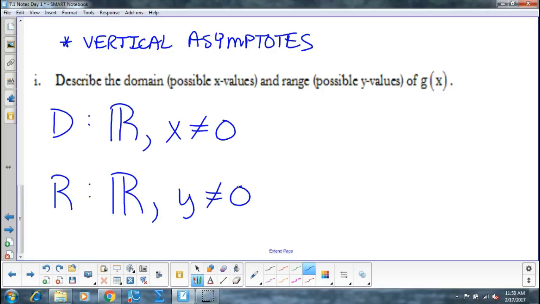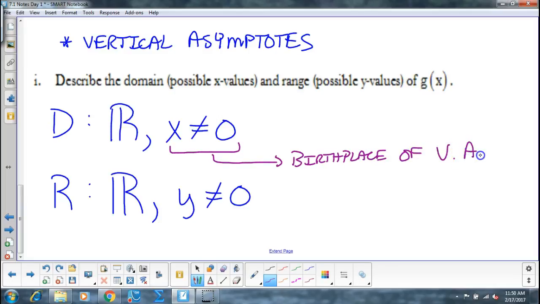The restrictions in the domain, this part right here, is the birthplace of your vertical asymptotes. You find the domain first, then that gives you your vertical asymptotes.